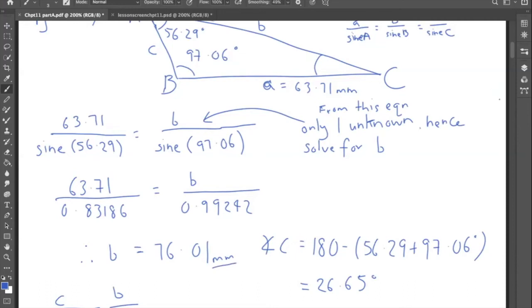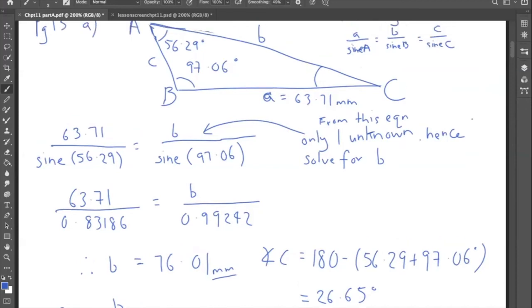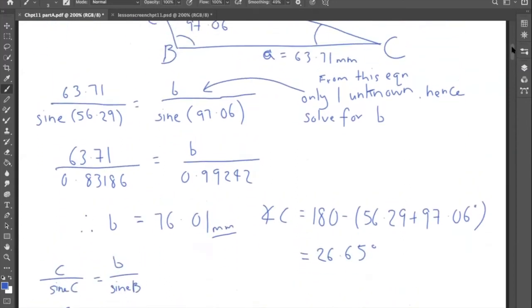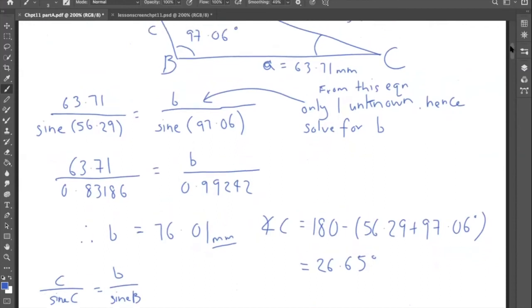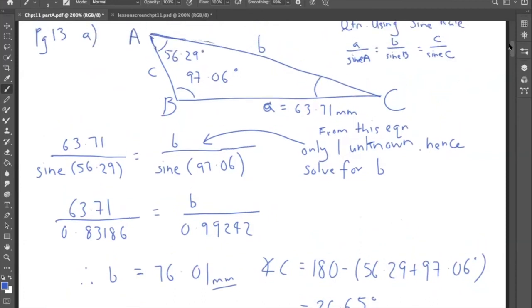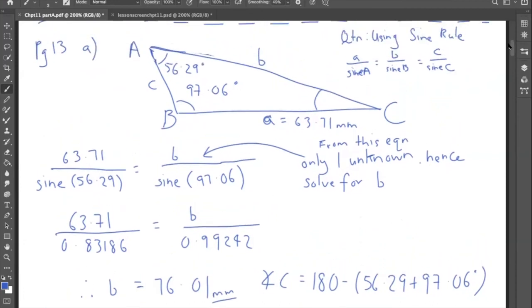And then how do I find angle C? I can take 180 degrees minus the other two angles, which is 26.65 degrees. So far, okay? Can follow? So I will send this solution to you as well.